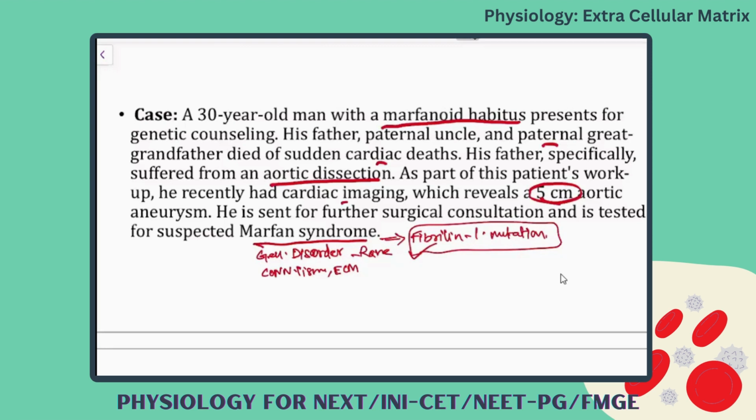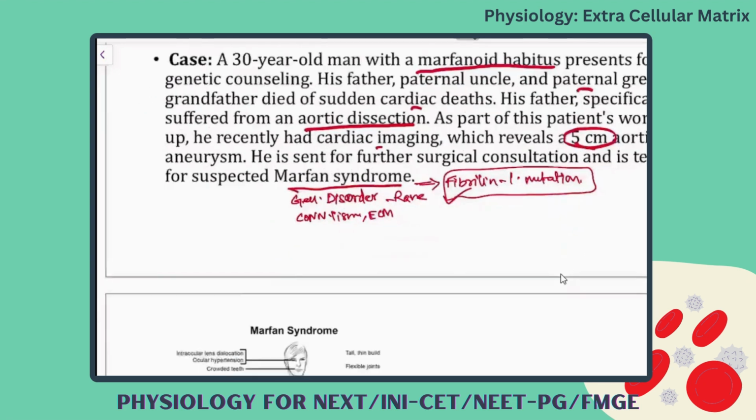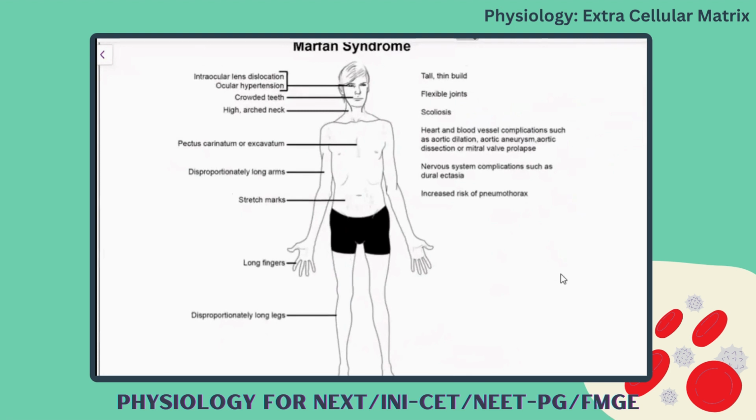Since it is involved in all the systems, not a specific place, you will have features like these. First, intraocular lens dislocation and ocular hypertension, crowded teeth, and a high arched palate. These are specific features you can see when a patient visits your clinic. Based on the appearance, you can term it Marfanoid habitus.